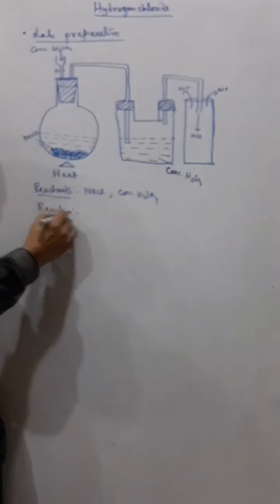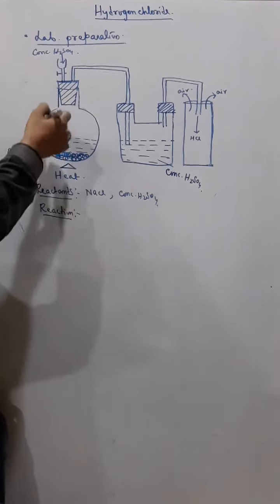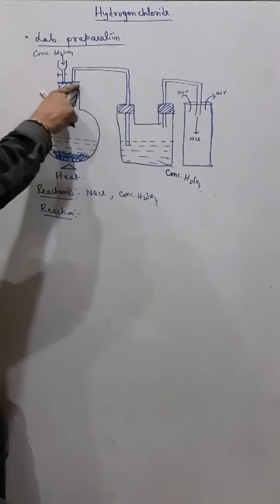Now, first we take NaCl in this round bottom flask. This round bottom flask is fitted with a thistle funnel and a delivery tube. The delivery tube should be like this.